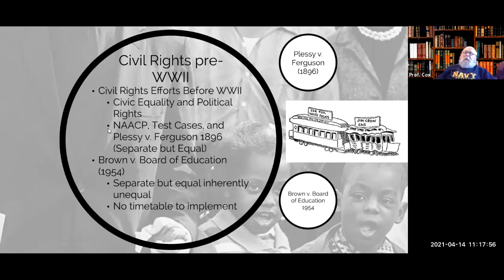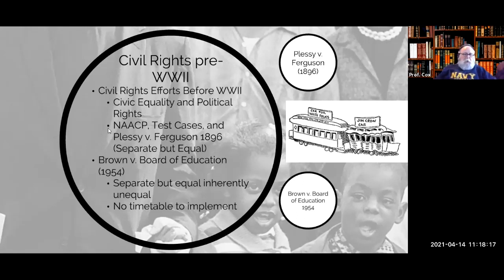Just so you know what that means, disenfranchised means they can't vote, right? The franchise is to vote. So to be disenfranchised means that you can't vote, which means you're not really a part of a democracy if you can't vote, right?